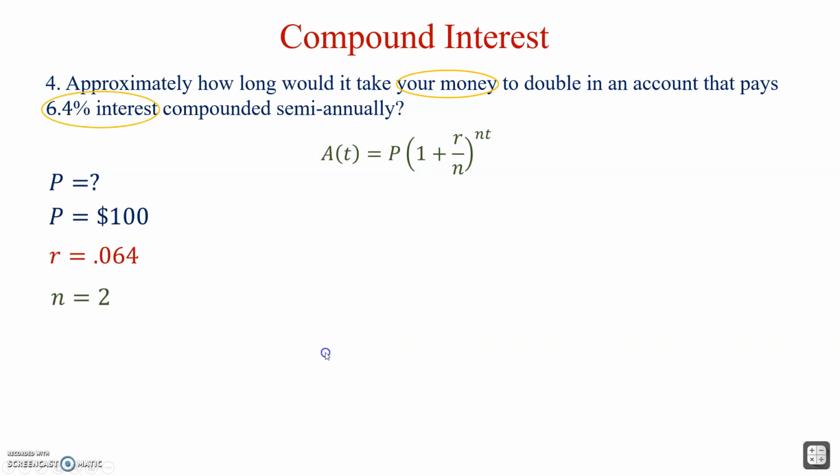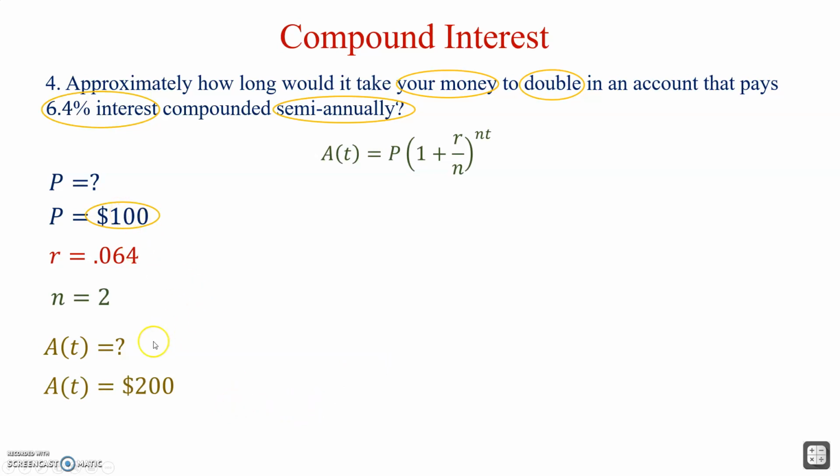The number of times was semi-annual. That's why it's 2. And A of t, they don't tell us what the amount is after. All they tell us is our money doubles. Because we started with $100, if it doubles, it goes to 200.